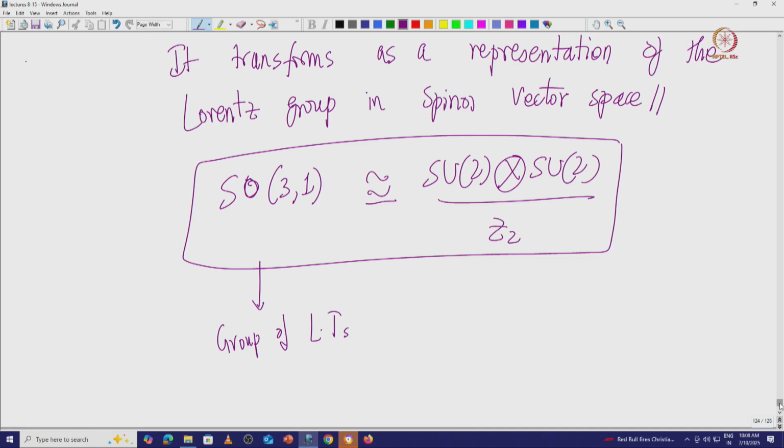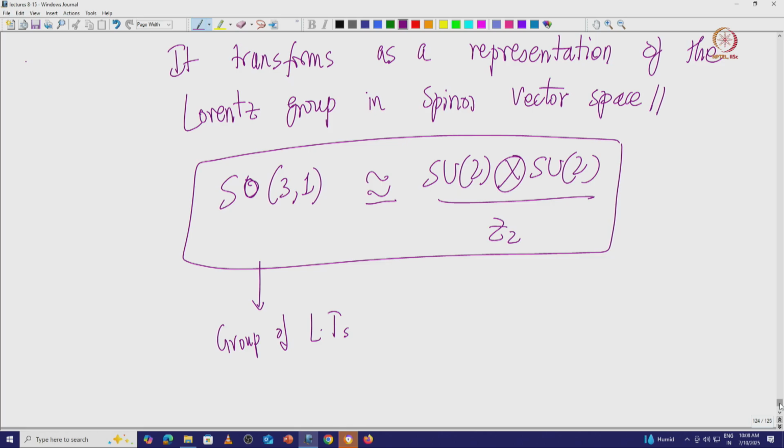Okay, this operation is called modding, but let's forget about it. It's a direct product of two SU(2) groups essentially. So SO(3,1) is isomorphic to a direct product of two SU(2) groups. That means SU(2) groups have essentially representations of spinors.